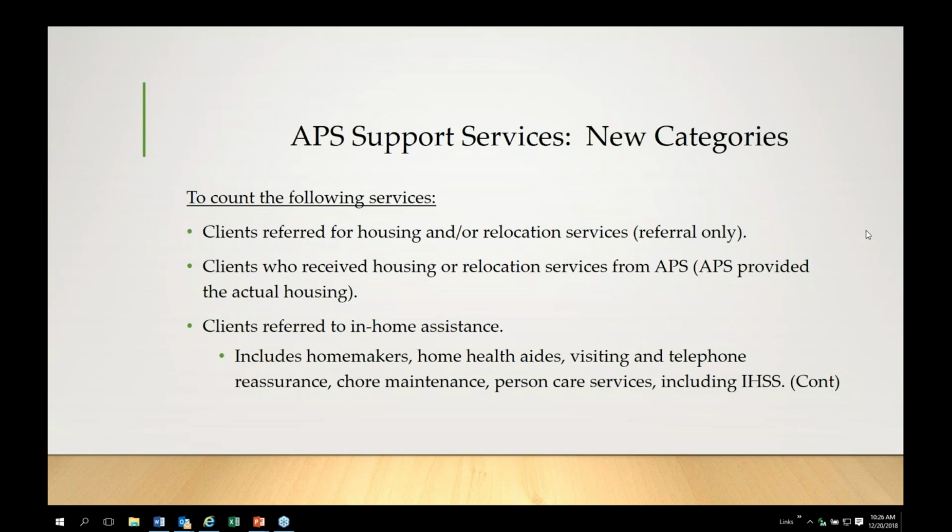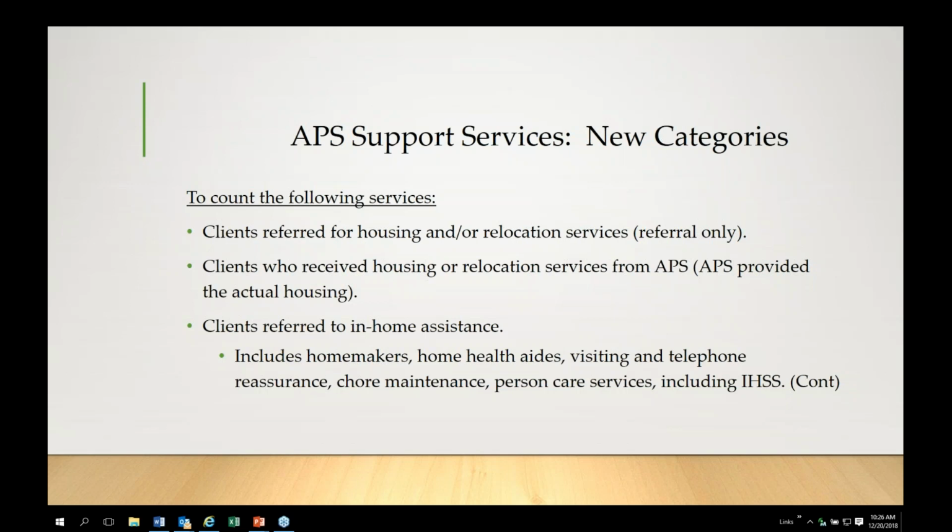How many clients are referred for housing and relocation services? This is just the referral process. You gave them a number to call to help them with housing or to find them a new place to live. So referral only. Then there's a second category of clients who received housing or relocation services from APS.